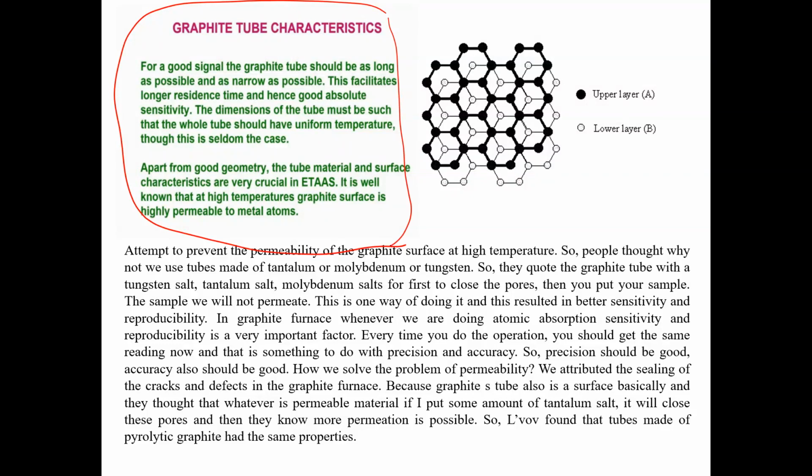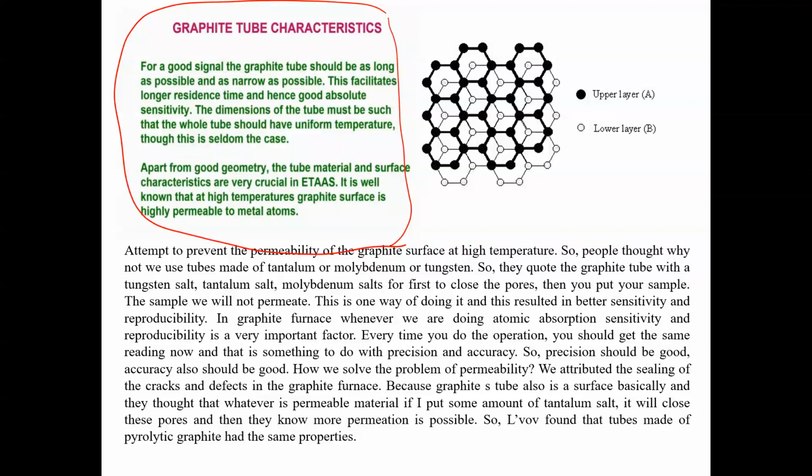So they first fill the graphite tube with a tungsten salt, tantalum salt, and molybdenum salt to close the pores, and then put their sample.